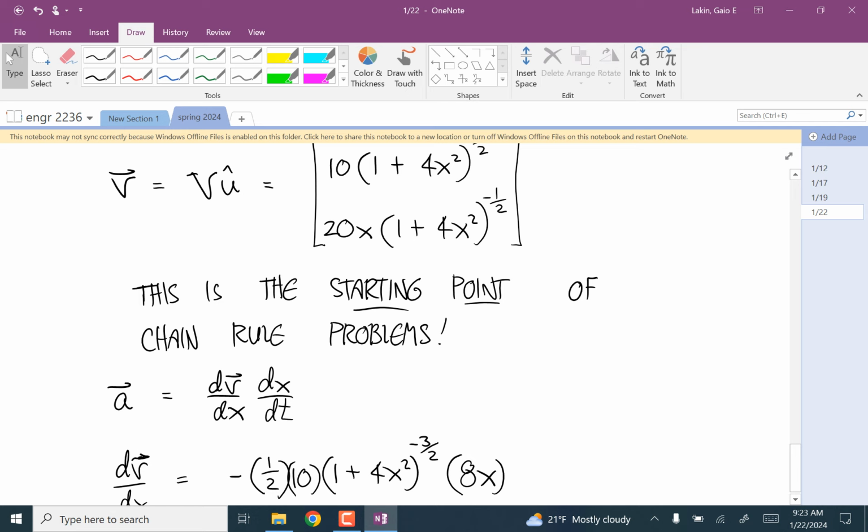And the y component is a little messier than that because we also have this product rule.